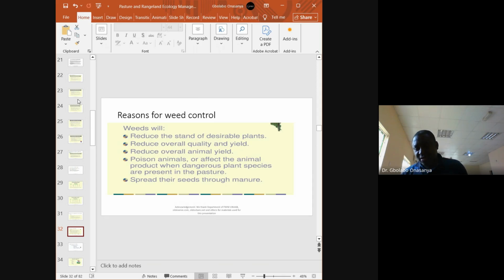In my grazing land, I have Panicum maximum, gamba grass, Pennisetum purpureum, Centrosema, Stylosanthes, and Calopogonium mucunoides. If pawpaw or mango is growing there, then at that position, cassava is a weed. Mango is a weed.